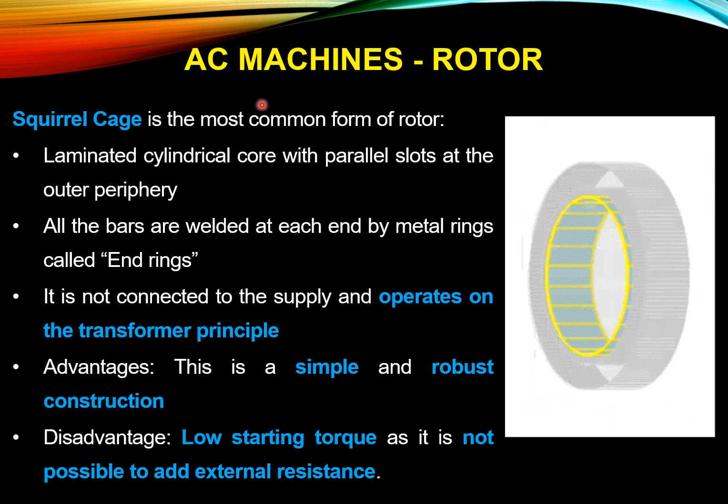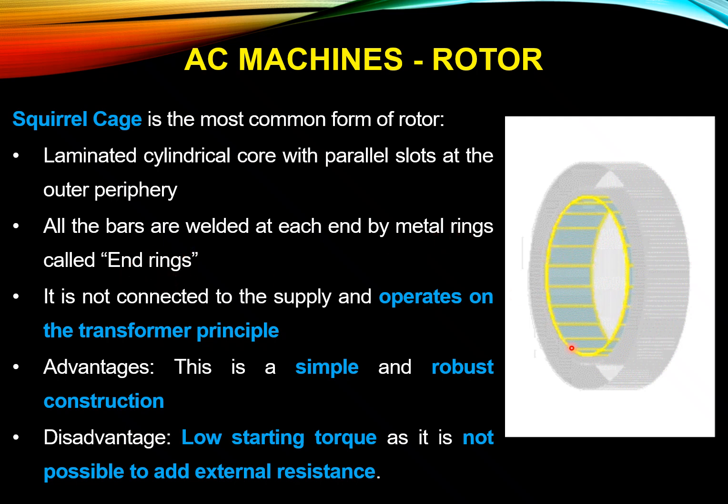Now the types of rotor. Usually the squirrel cage, as you can see in this picture, is the most common form of rotor. You can see the laminated cylindrical core with parallel slots in the outer periphery, and also metal rings called end rings.